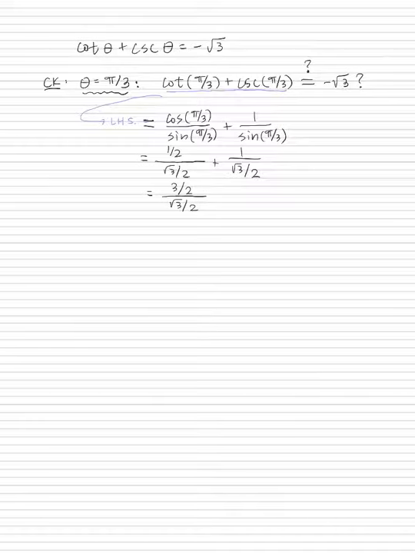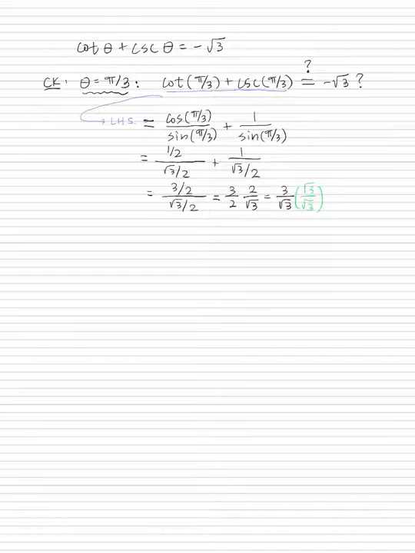Now, let me just keep going on this side. So this is the same thing as what? 3 over 2 multiplied by 2 over root 3. So this is 3 over root 3. But do you see that it's not going to be an answer, because it's not going to equal negative square root of 3? But let's just rationalize it.